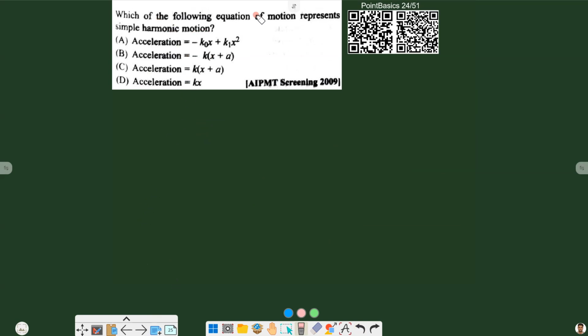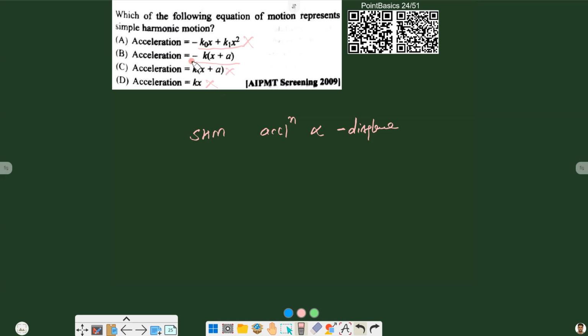Which of the following equations of motion represents simple harmonic motion? Here we have given acceleration in all 4 options, and we know for SHM acceleration is proportional to the negative of displacement. Here we have square terms, so this is not the right answer. Here acceleration is equal to positive of displacement, so proportional to positive of displacement, so again wrong.